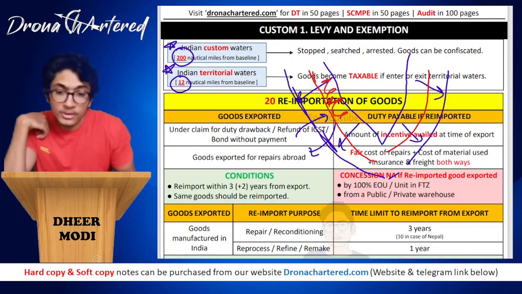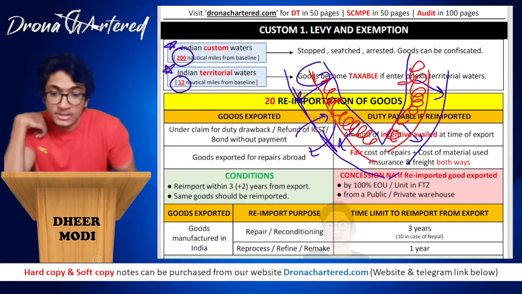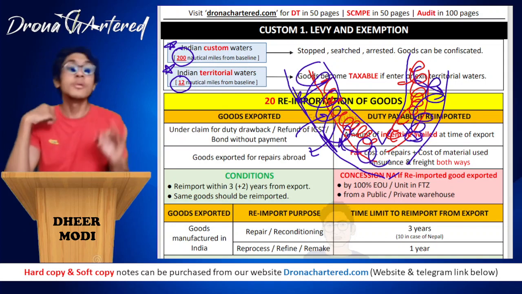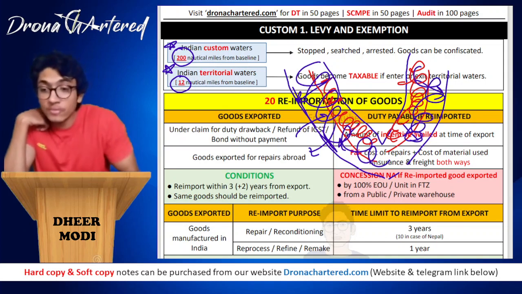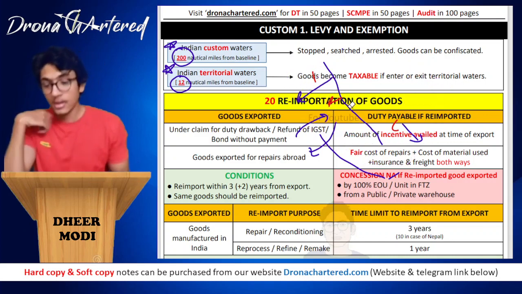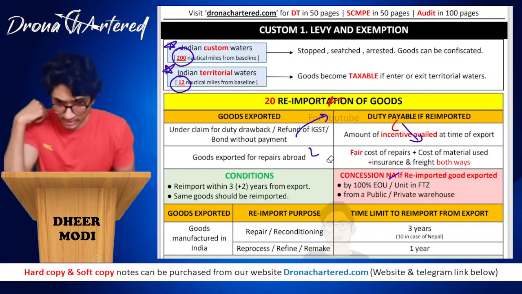So this entire region will be your Indian territorial waters, and the entire full region will be your Indian custom waters. Indian custom waters is 200 nautical miles, whereas Indian territorial waters is 12 nautical miles from the baseline. Now what is their significance?